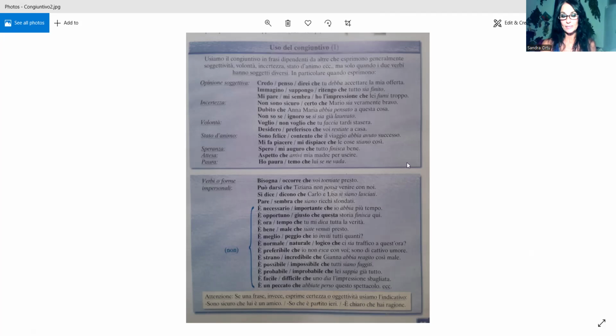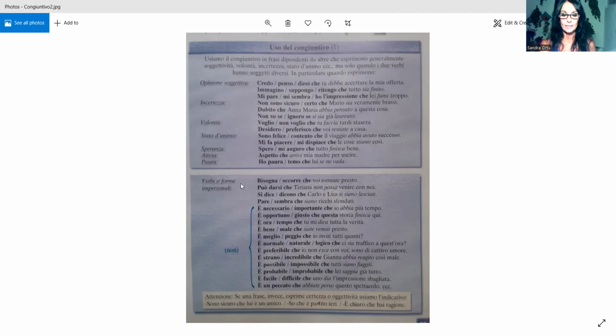So the first box, we have these types of verbs that express our feelings or the way we feel or see something. In the second box, we have verbi o forme impersonali. So when we have an impersonal verb or expression or construction, let's see what we mean with that.